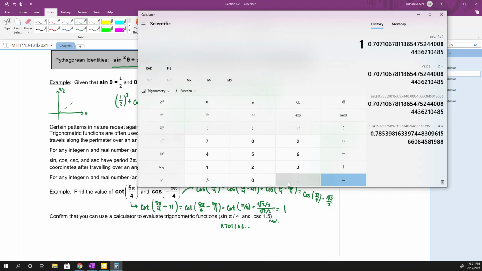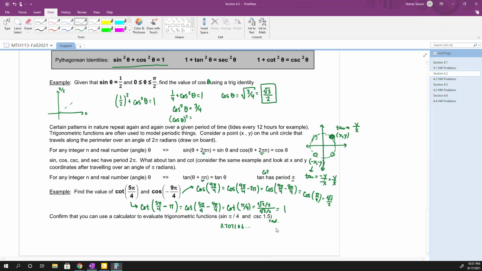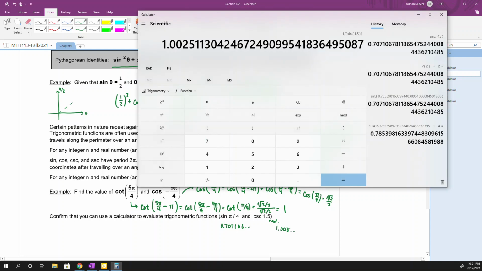I can't necessarily find the cosecant. I can here, but if you can't, I say the sine of that is this value. Well, cosecant is the reciprocal of sine, so if I take 1 over that, I get 1.003. So that's one way you can find those alternate functions here.